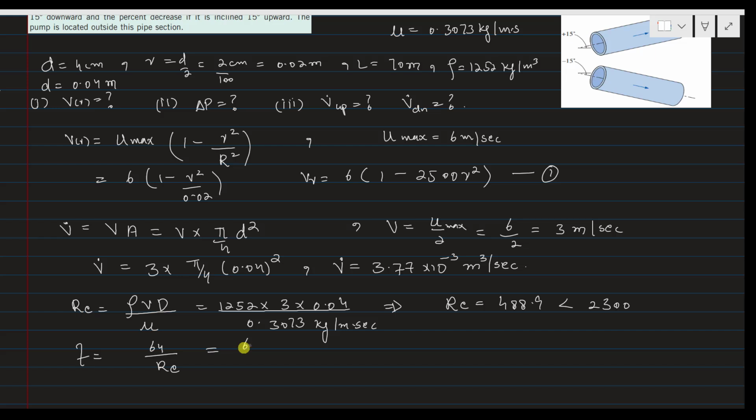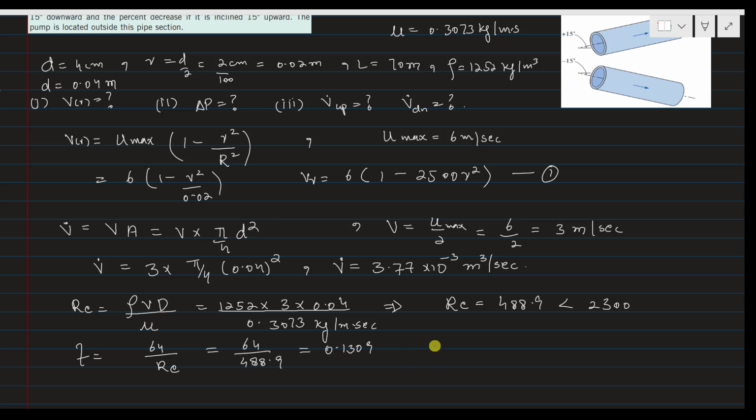So 64 divided by 488.9. After solving you will get the friction coefficient, and it is 0.1309.